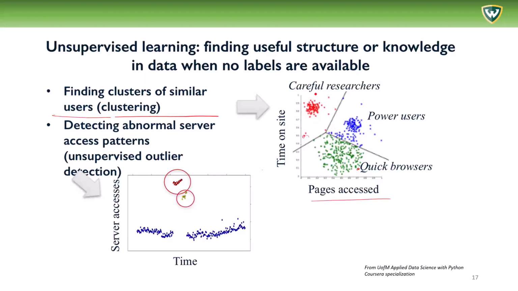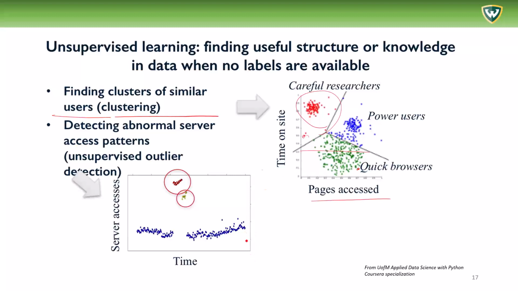So here we may have something like careful researchers, a group with low page access but a lot of time on site. There are quick browsers, with low time on site but lots of page access. And there are power users that have both lots of page access and lots of time on site. So that's clustering.